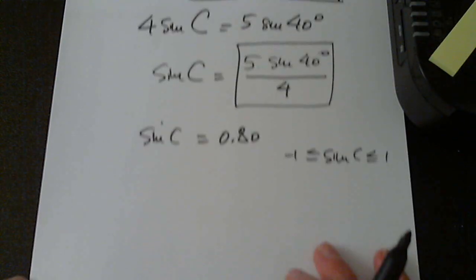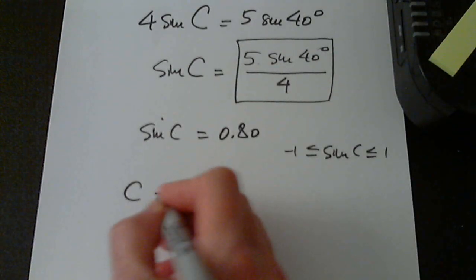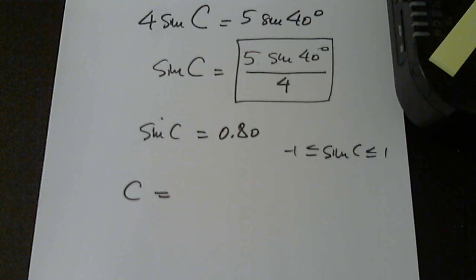Excellent. Good. How do I find C? The angle C. What do I need to apply to both sides? What do we apply to both sides to find angle C? Arc sine.